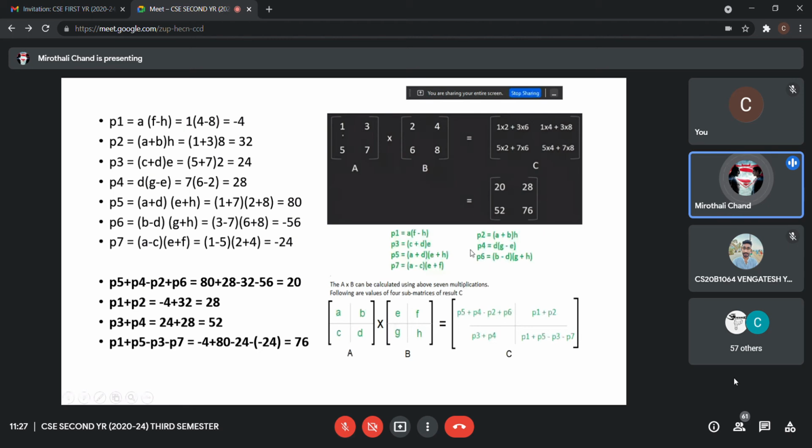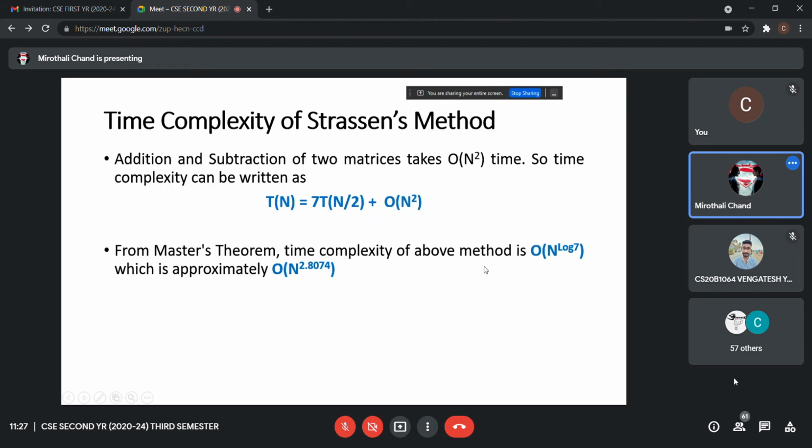Similarly, every answer will be the same, but the approach we are following is divide and conquer, and in that the formula we followed here is this one, and by following this Strassen's method, one recursive call is reduced when compared to the normal divide and conquer method, so that the time complexity is also reduced.